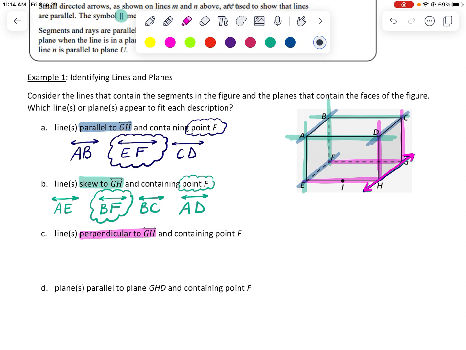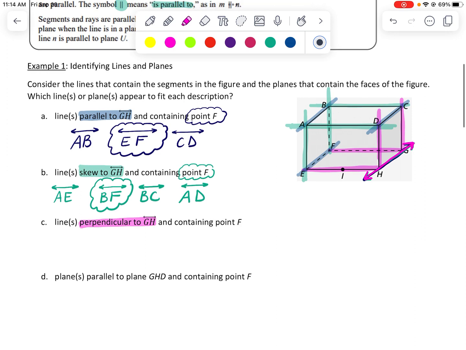Now, don't let the picture confuse you. They might not look 90 degrees because of the angles it's drawn, but this is a rectangular cube, and we want to make sure that we keep in mind rectangular cubes all meet at 90 degrees. So important. Okay, so I'm going to list those four.